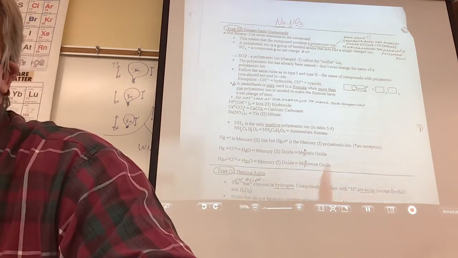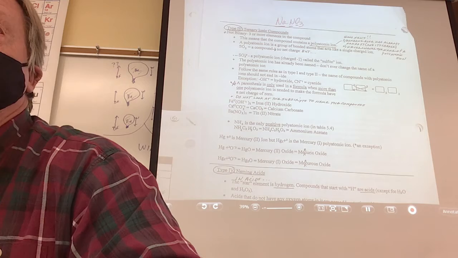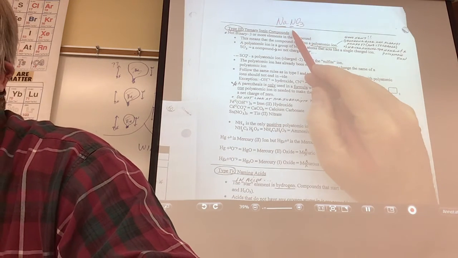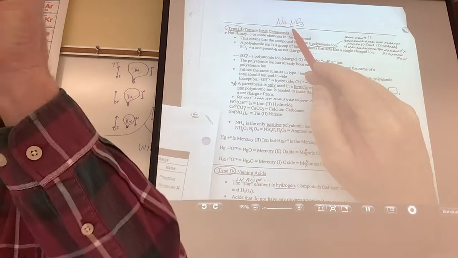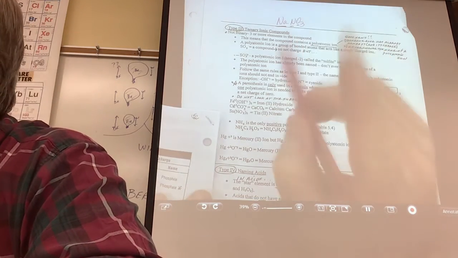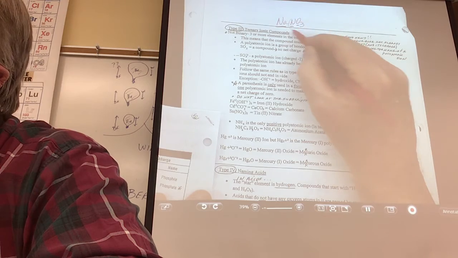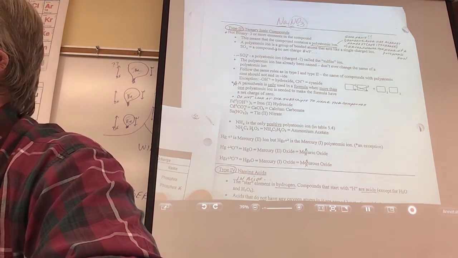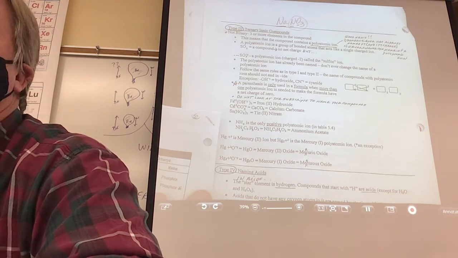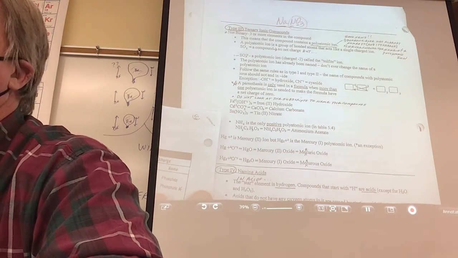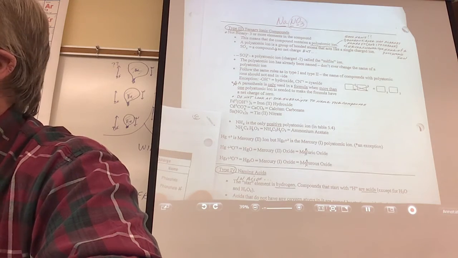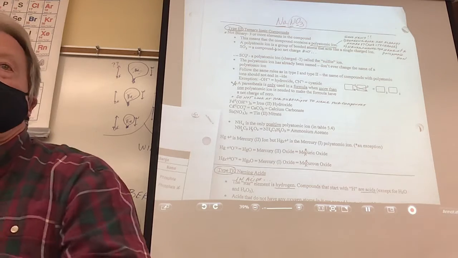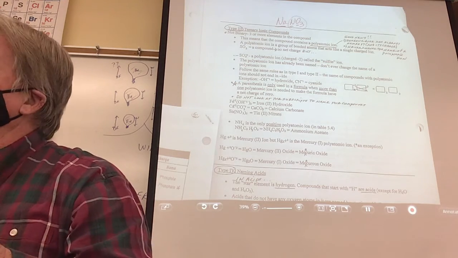Someone else has already named it, so you don't have to worry about naming it. It's nitrate, isn't it? Good news number 2, you will never change the name of a polyatomic ion. I don't have to worry about doing the chlorine chloride thing, do I? It's always going to be nitrate. Does that make sense?